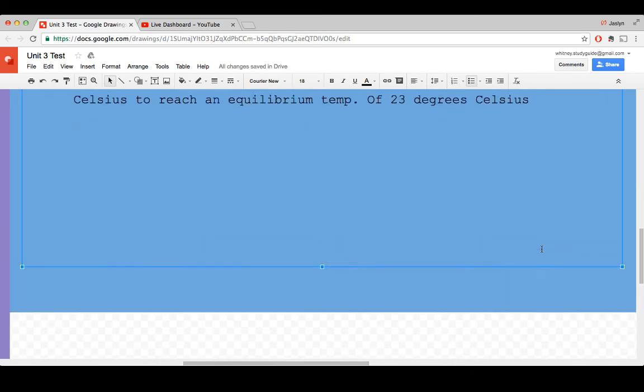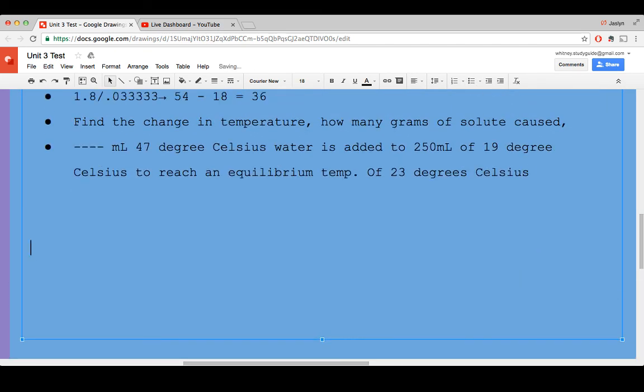So we know the average is 23 degrees, obviously. And we have to multiply this by the frequency, as we recall from fractional abundance. Only thing is we don't know how much of the 47 degree water there is. So we're just going to put X for that.